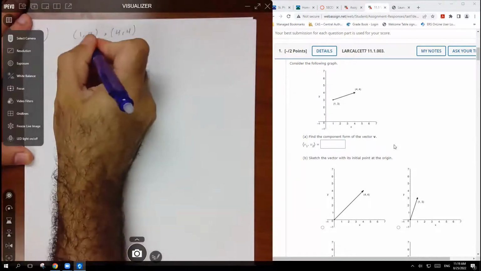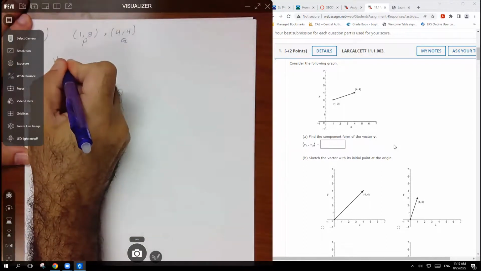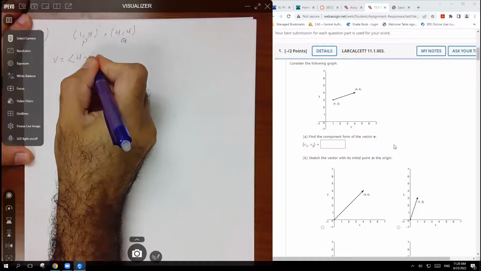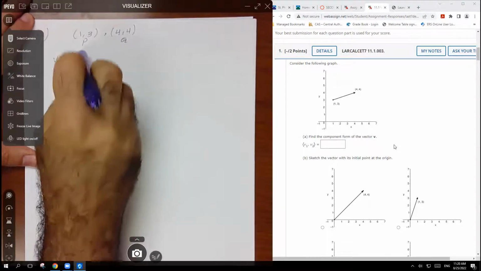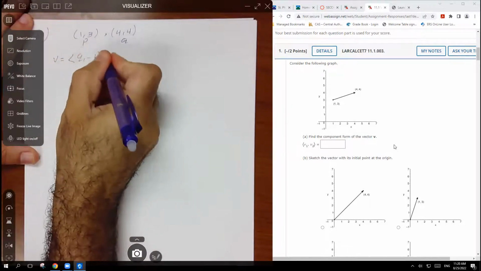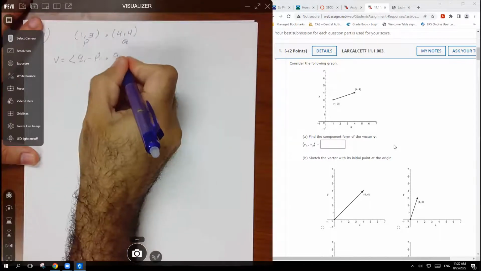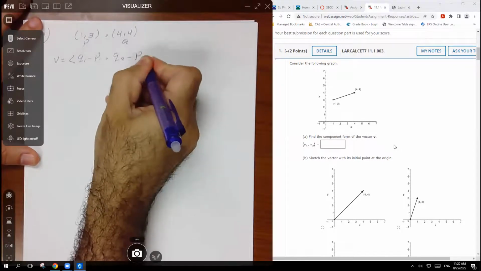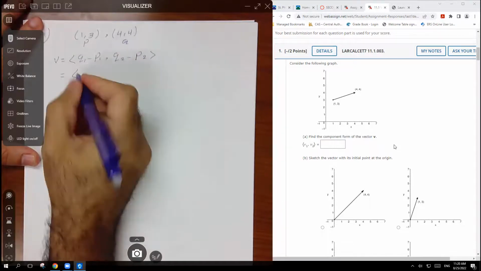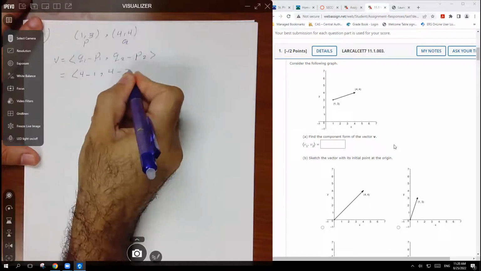Let's say this is P, this is Q. So the component form of the vector V is going to be Q1 minus P1 and Q2 minus P2. So it's going to be 4 minus 1 and 4 minus 3.